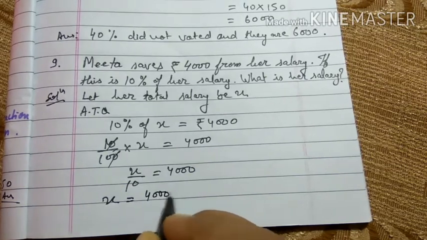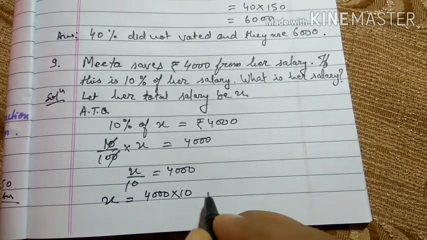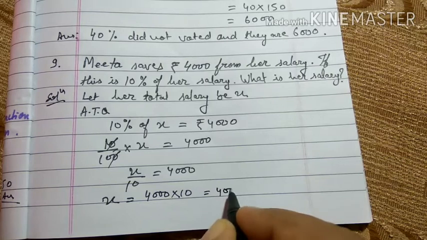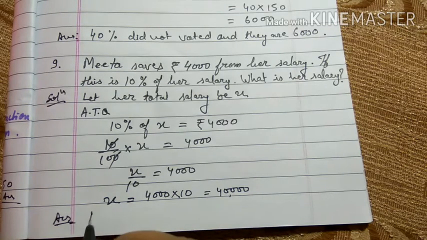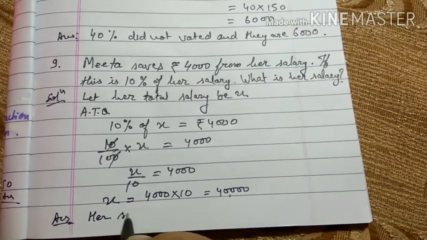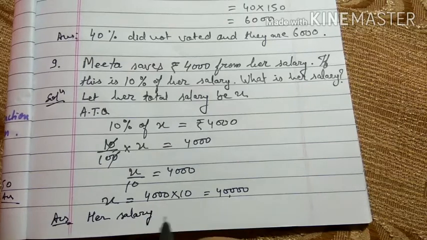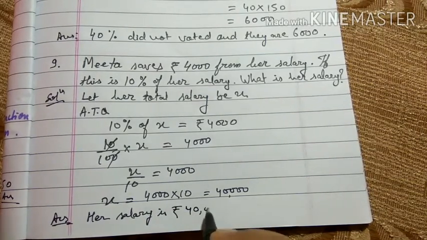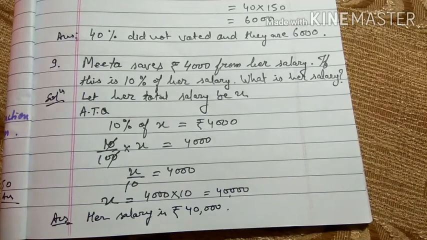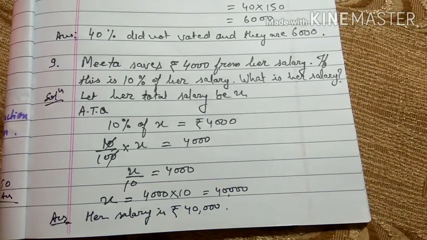So 4,000 into 10, and this is 40,000. Okay, so write down the answer. Her salary is rupees 40,000. So in this way you have to complete this exercise.